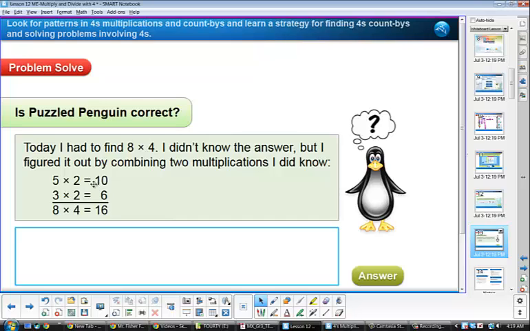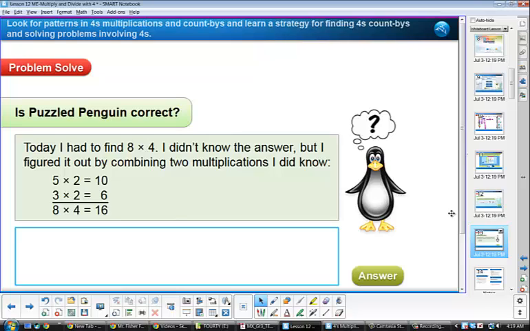That's correct. 3 times 2 equals 6. And then he added them. 10 plus 6 equals 16. And he figured that was 8 times 4. Is he correct? If he's correct, say yes. If he's not correct, say no and tell us why he's incorrect.